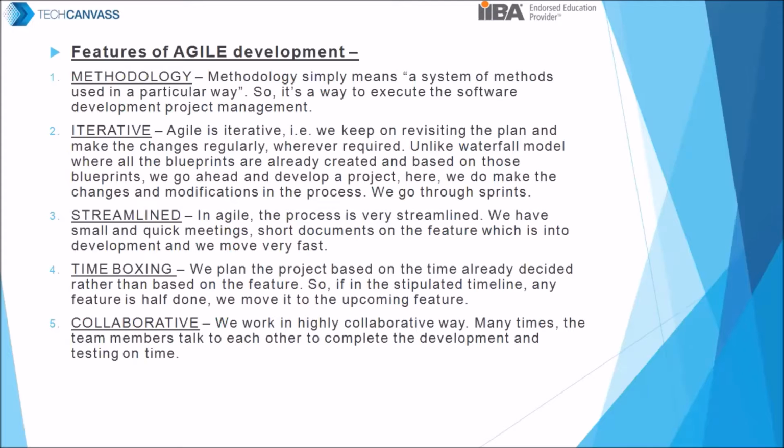Say, for example, we are in a development process, and in between we get some changes from the customer or from our project management team. Since we are Agile, we revisit the plan, check where we need to make the changes, and then accordingly we move ahead.